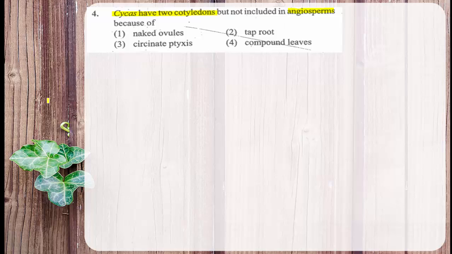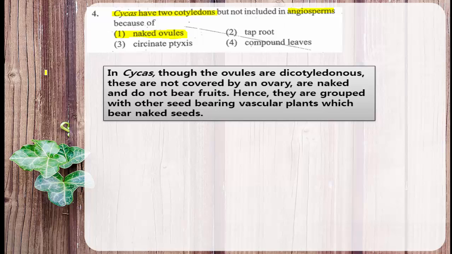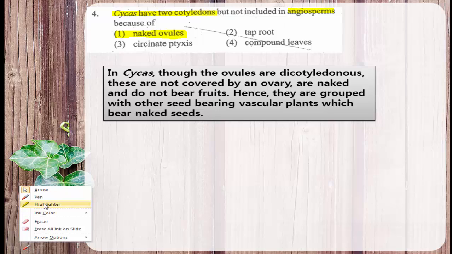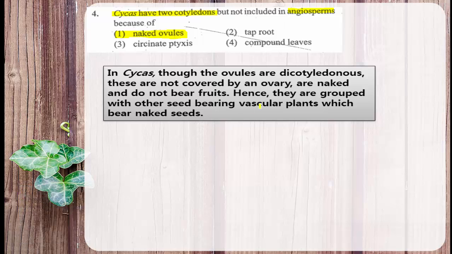What is the reason? Because in gymnosperms, the ovules are not covered by the ovary, or ovules remain naked. Therefore, the seeds are called naked seeds. As a result, due to the absence of ovary, the gymnosperms do not bear fruits.